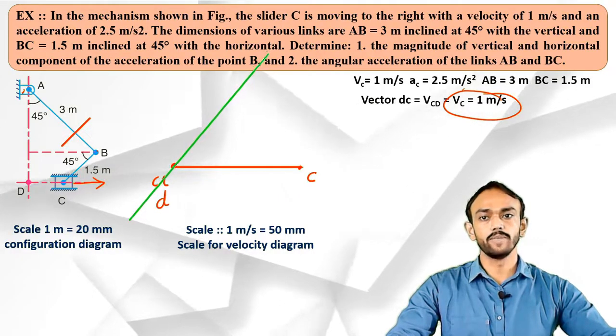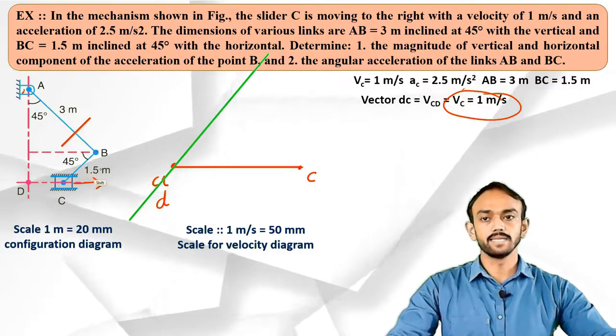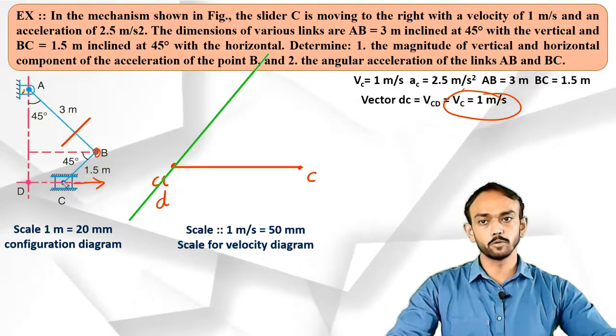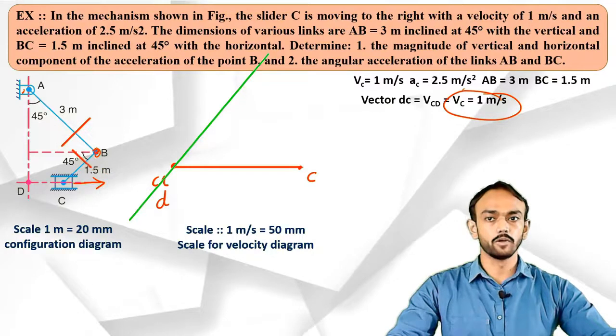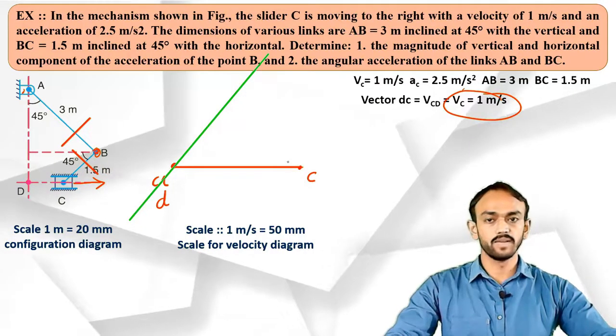Second, the velocity of B with respect to C also has direction perpendicular to the link. So we draw this perpendicular from C in the velocity diagram.